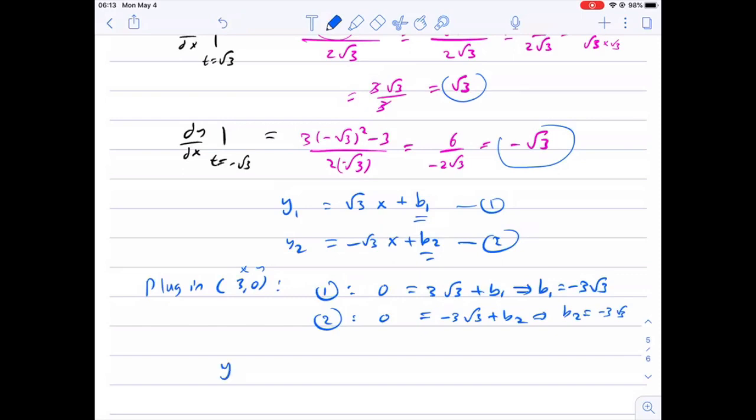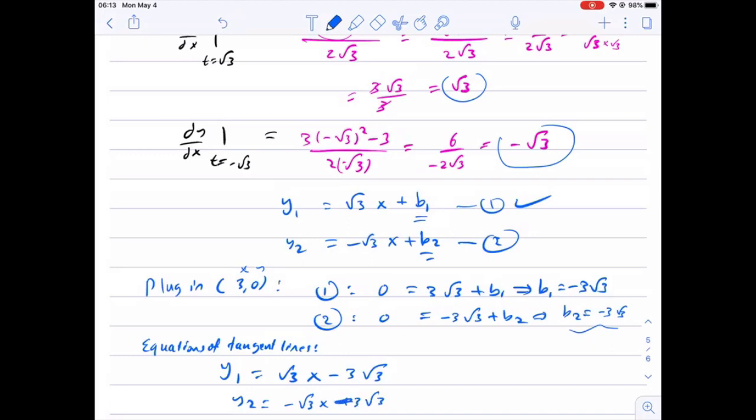Now that means the equations for the tangent lines are y1 equals square root 3 x plus b1, where b1 is negative 3 square root 3, and y2 is negative square root 3 x plus b2, which is plus 3 square root 3. b2 is positive because when we bring this here it becomes positive.